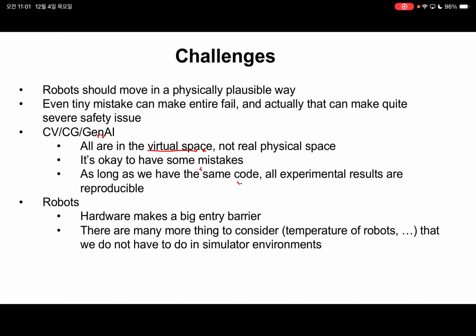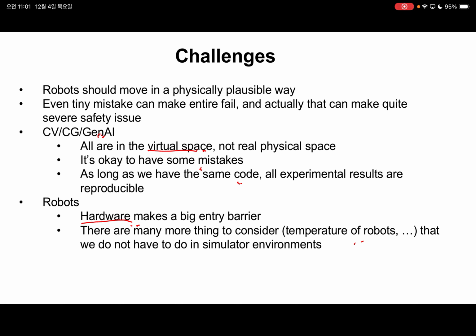But robots are very different. It is hardware. Hardware makes a big entry barrier. I'm not very expert in hardware. Maybe mechanical engineers are expert in hardware, but many computer science engineers are not. And there are many more things to consider, like the temperature of robots. On some days, the robot is too hot, the temperature is too high, so it cannot do the task. But the next day, the robot temperature goes down, and then it can do the same thing in the same environment.